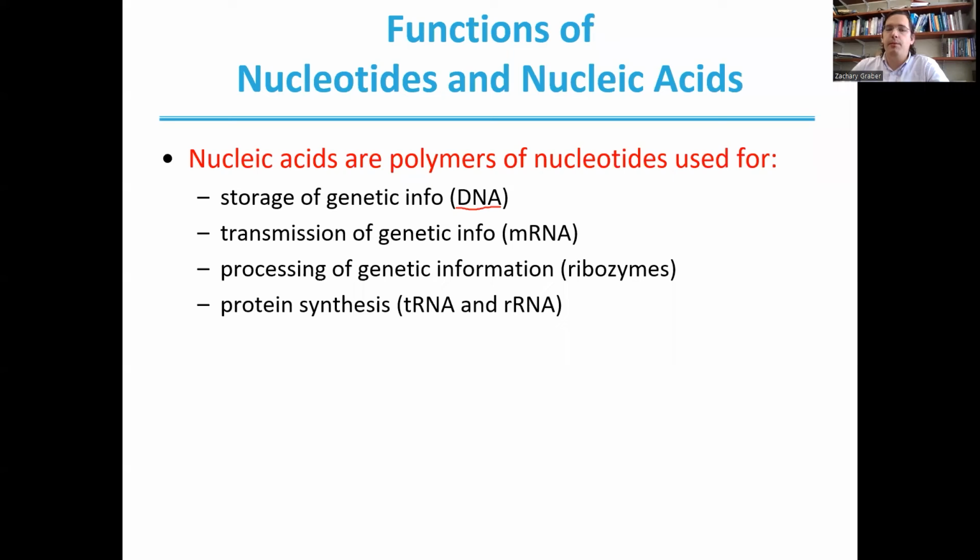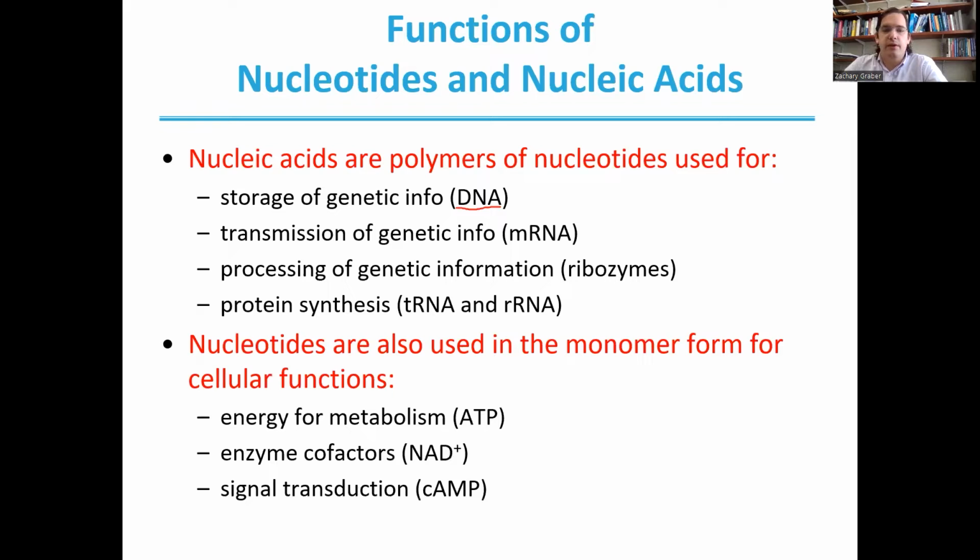These, of course, are some of the more common and popular roles of our nucleic acids, but there are also a wide range of other roles, even for nucleotides in the monomer form through our energy from metabolism. So that's our ATP involved in different signaling processes or as enzyme cofactors as well.